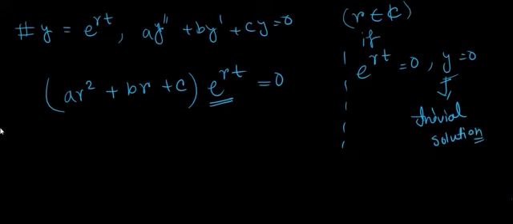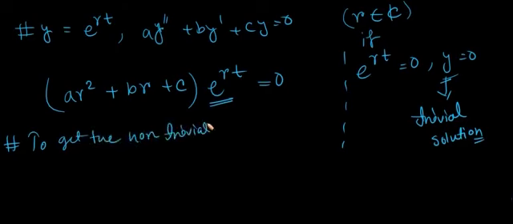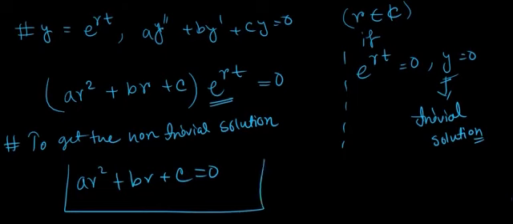To get the non-trivial solutions, what you need to do now is write ar squared plus br plus c equals 0, and this is sometimes called the characteristic equation or auxiliary equation.